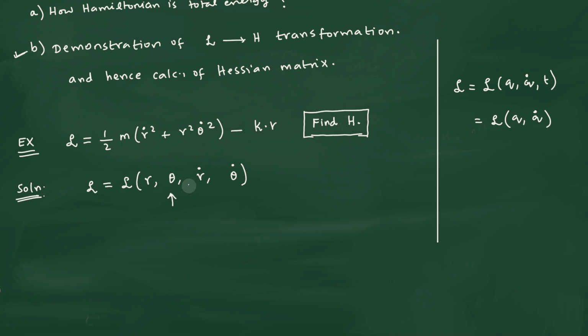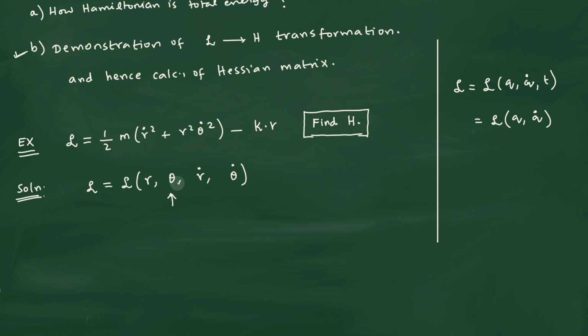The important point that you'll have to remember is there should be as many dotted variables as there are undotted variables. Okay, that means if there is one q, there will be one q dot. If there are 20 q's, then there should be 20 q dots. So even though they are not explicitly present in the given Lagrangian, you can always write that it is a function of those variables.